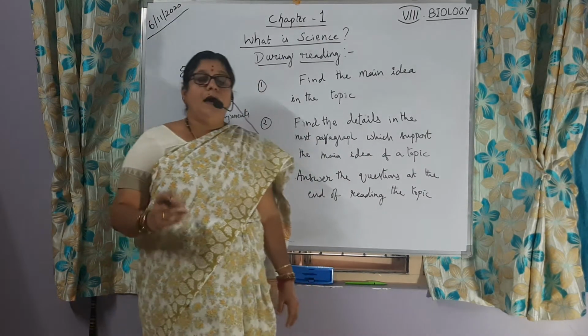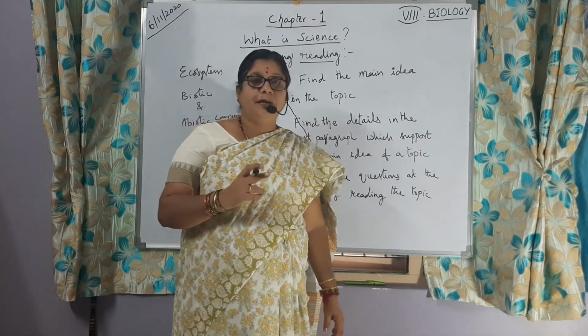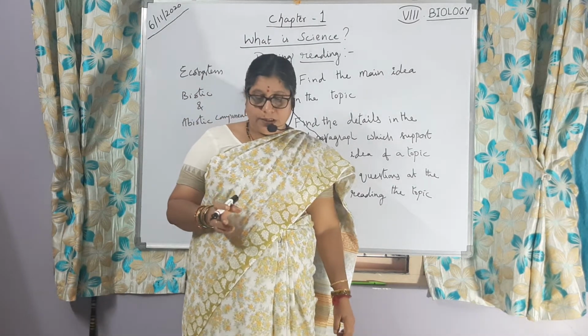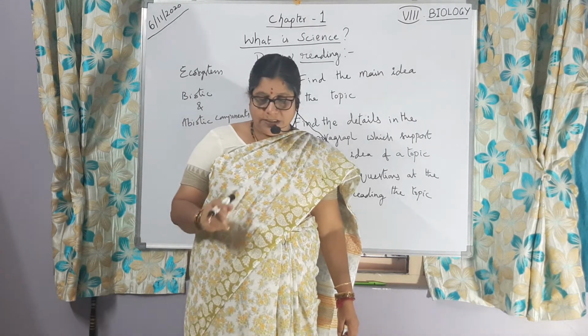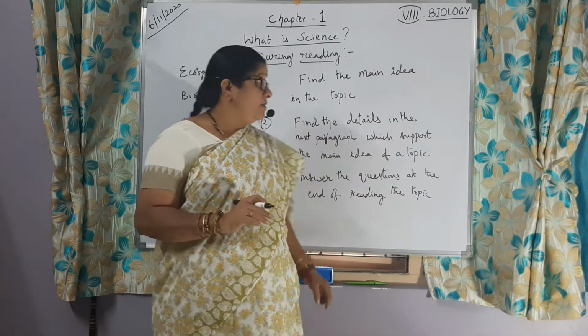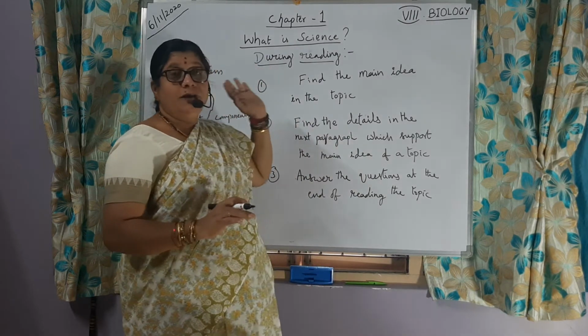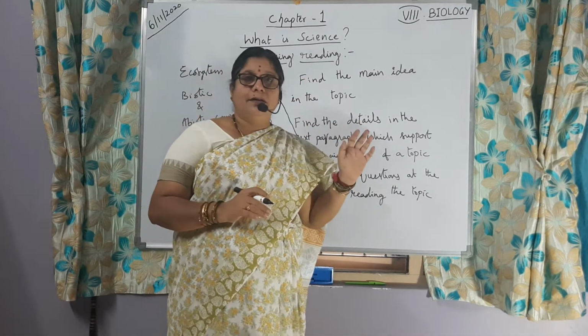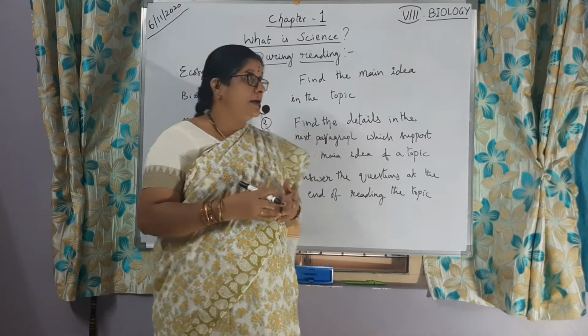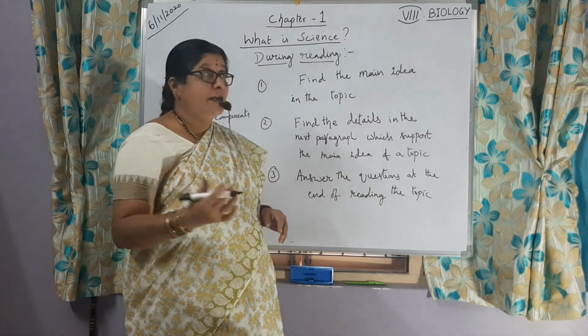Students, the earlier table is given on page number 10, and now whatever we are going to learn is the information given from page number 11. One table is given. In the previous part, before reading, we learned what we have to do to become good science readers.